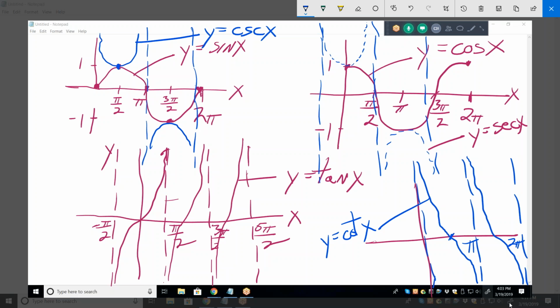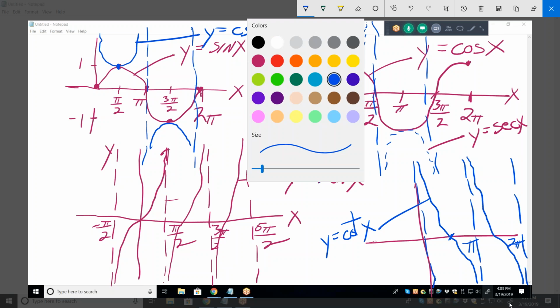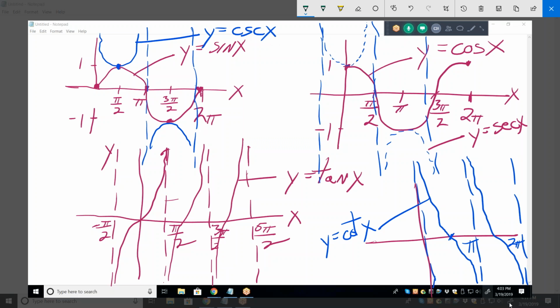Now, one of the trickiest problems they give you is they will give you a graph and they'll ask you, is that a tangent curve or is that a cotangent curve? And notice what a negative tangent curve would look like. In a third color, I'm going to graph in green what y equal negative tangent would look like.